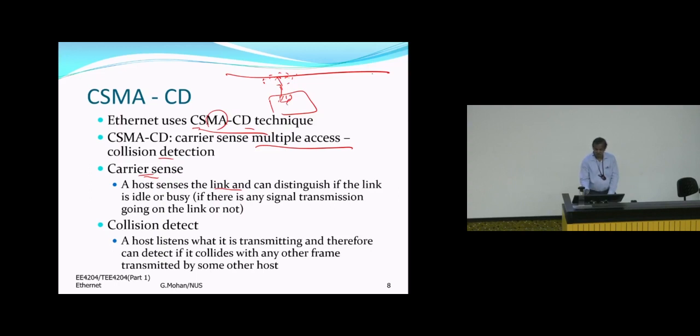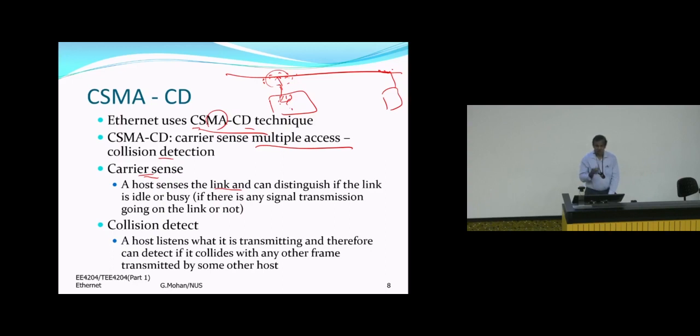But it does not know if, let's say, beyond 1 kilometer there are some bits flowing. So it cannot sense that. It can sense transmission closer to it. When the signals arrive close to it, it knows that something is flowing through the link. And if it transmits, it can also hear it.